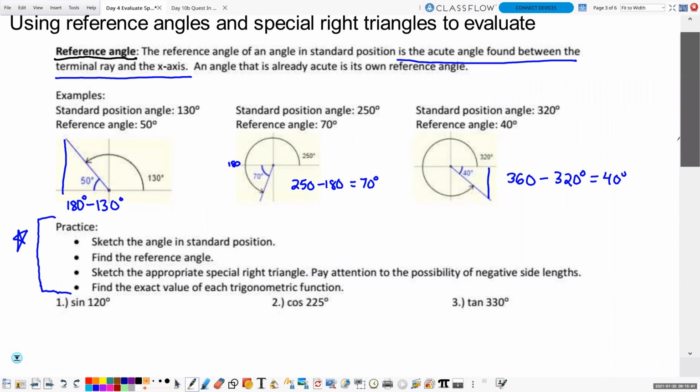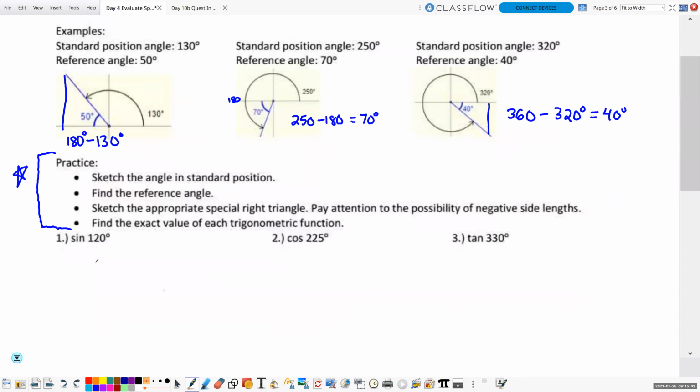Okay, so this is what I want everyone to do. Pop open your chat and type the number, but do not press enter. What quadrant does 120 fall in? Type what quadrant 120 falls in, but don't press enter yet. Everybody press enter.